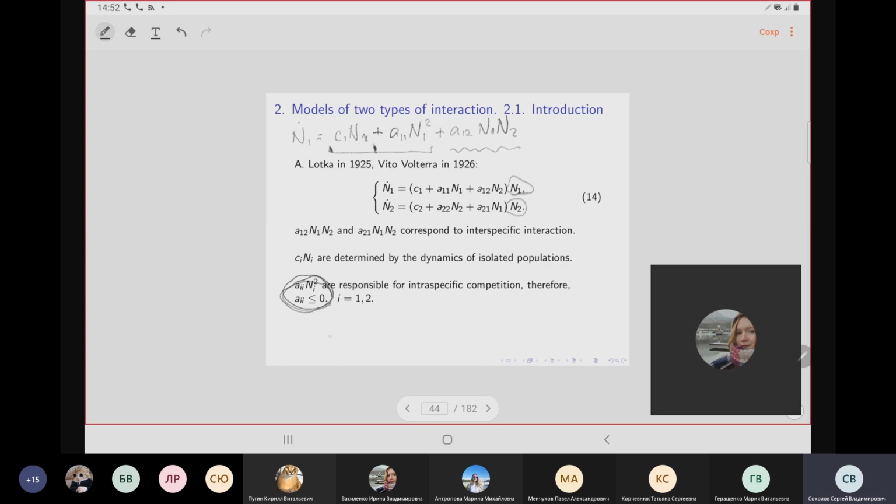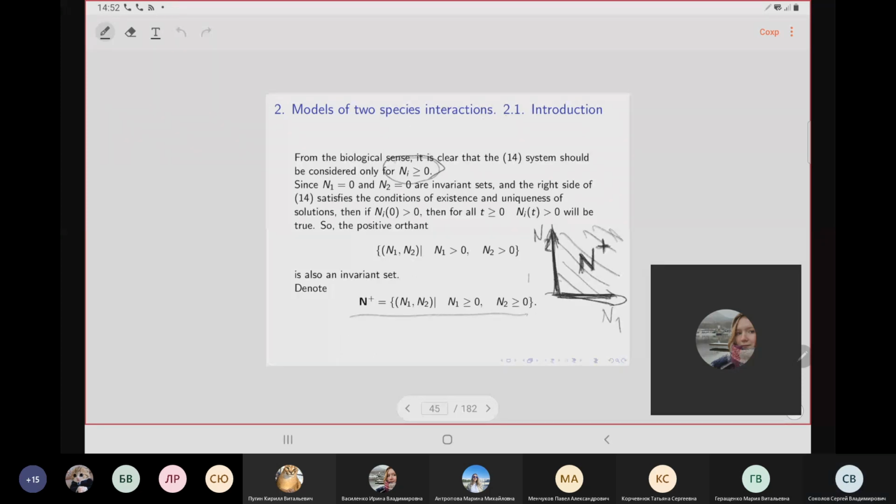So if at some moment t1 N1 is 0, then N1 is 0 for any time more than t1. It means that our curves cannot go out from N plus. So if the solution starts in the region N plus, it will remain in N plus.